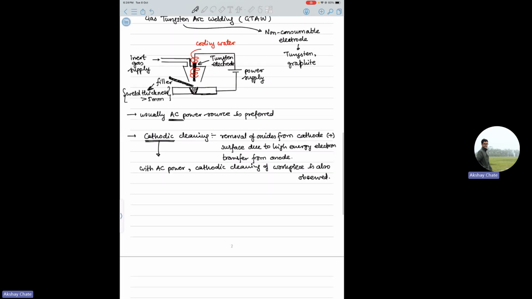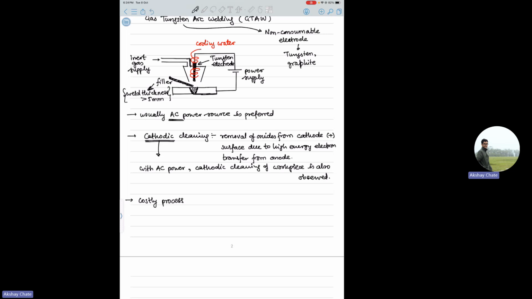and one more point about this TIG is applications. First of all, it's a costly process, because you have to supply cooling water, you have to supply inert gas, you have to use tungsten. That's also not cheap. And fillers are an additional thing.